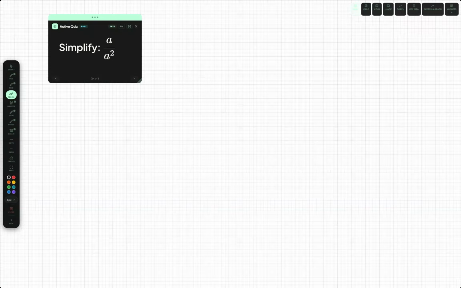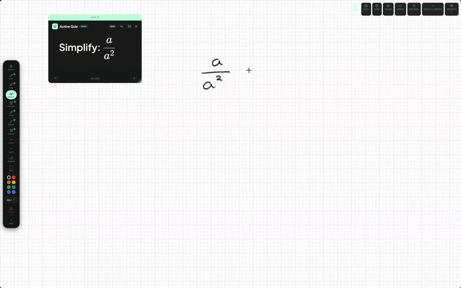Now, when we have the same thing, it's really just the same problem with a different pronumeral. So if we look at this one, we have a divided by a squared. And what is a squared? Well, that's a times a.